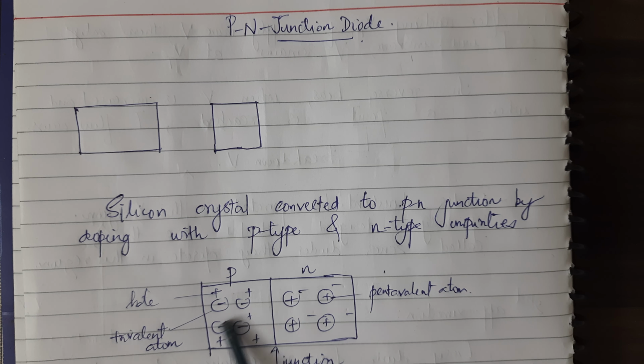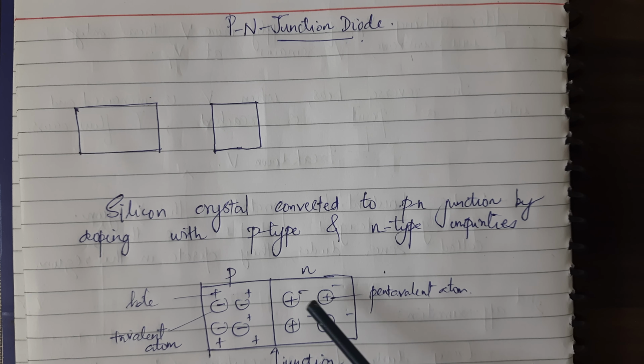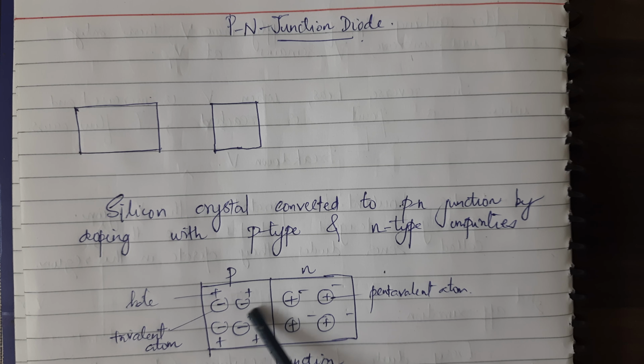We call it diffusing. Since these electrons are minority carriers on the p side, they will be surrounded by a lot of holes. So when an electron gets here, it is surrounded by a lot of holes, and the electron and hole will combine. That is what happens.